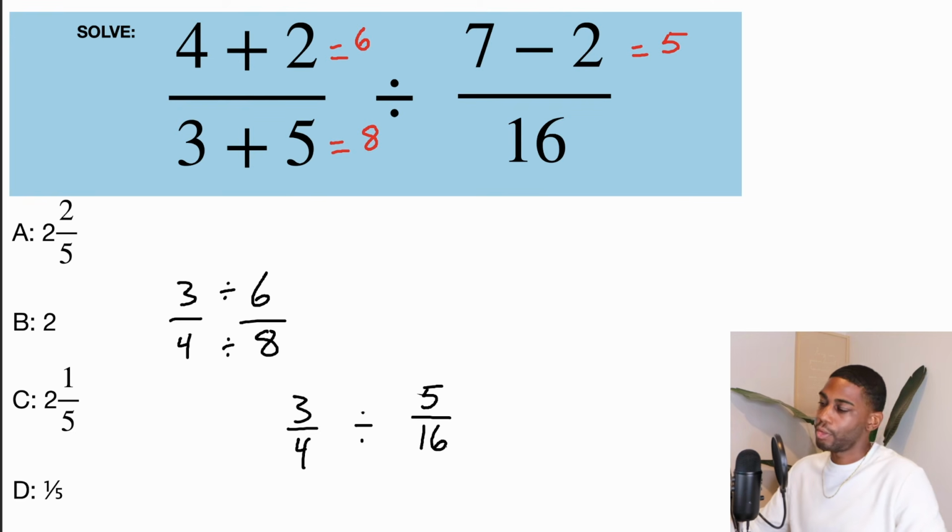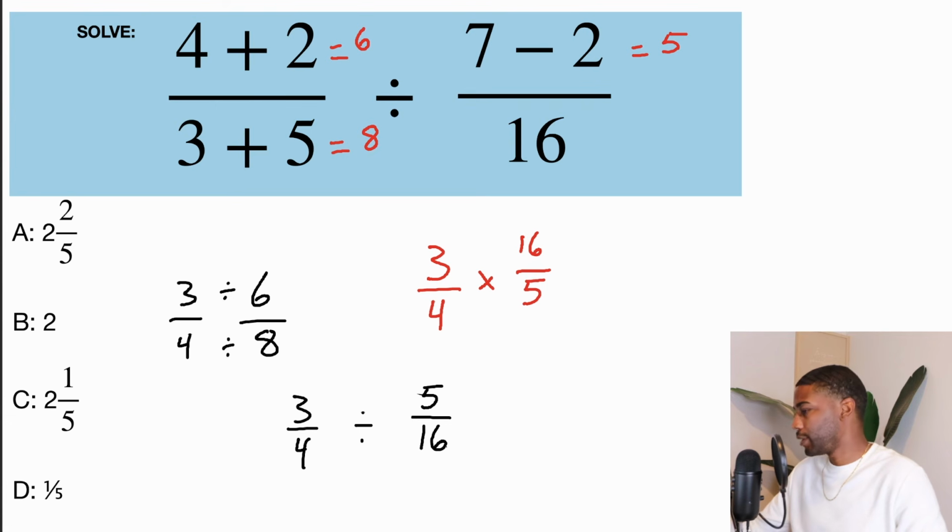Okay, 3 over 4 divided by 5 over 16. Let's go ahead and now begin to solve this question as we know how to do. We're going to keep the first fraction the same, so 3 over 4. We're going to multiply, and we're going to flip this 5 over 16 and make it 16 over 5.